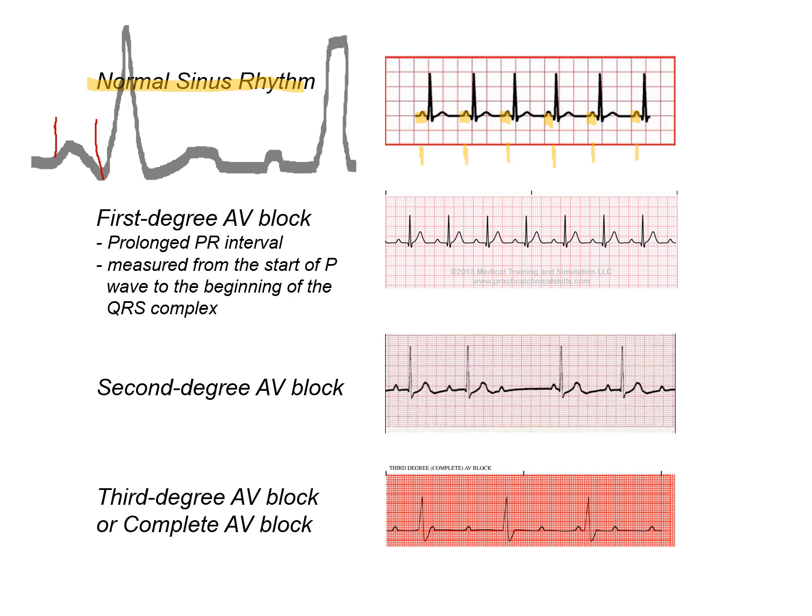On the graph it was marked as PQ, but it's mostly called the PR interval, as shown here.